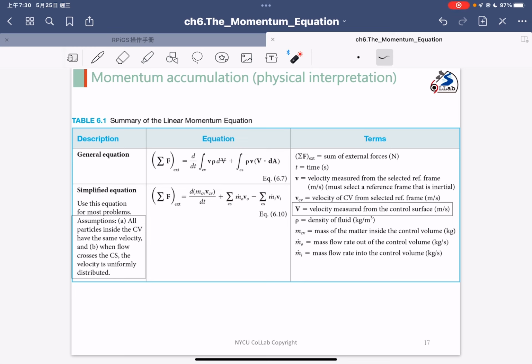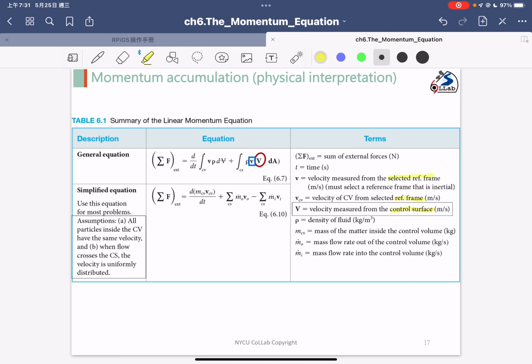So I just highlight, as I mentioned before, the capital velocity V in here is different to the small velocity v outside in here. The capital V is the velocity related to the control surface, and the small v is related to the selected reference frame.